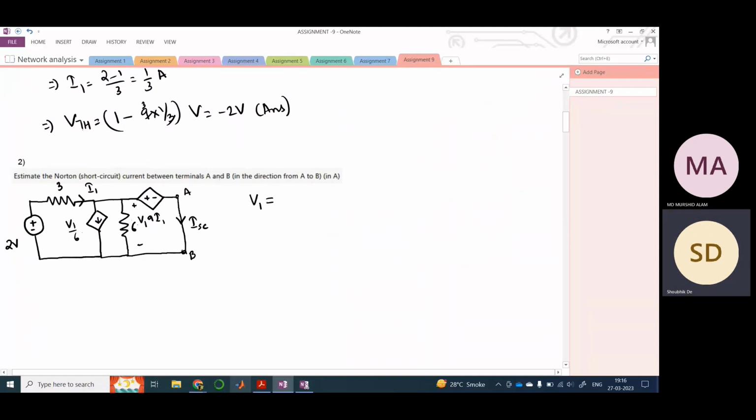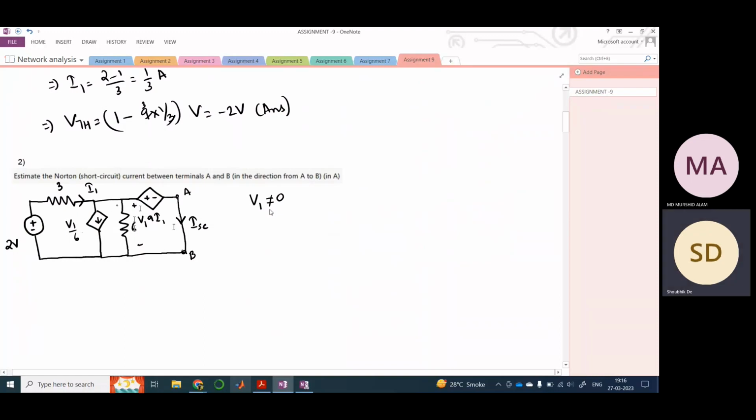Why? Because you have a dependent voltage source here, which is controlling the current through this AB terminal if you short it. So your 6 ohm resistor can't cancel off, because there would be a current flowing through this. Why? Because there is a voltage source here. So your V1 can't be equal to 0.